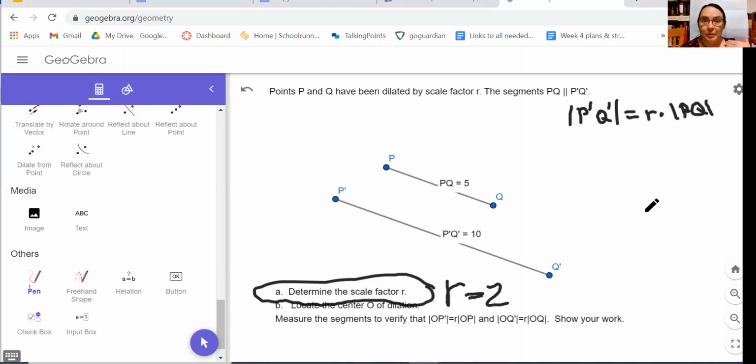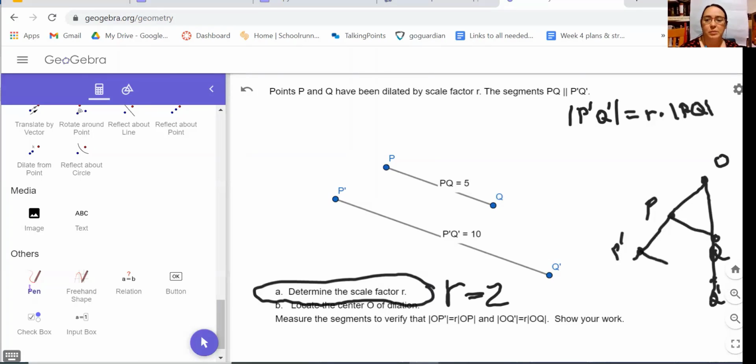Let me tell you how I'm going to think this through. When we looked at the fundamental theorem of similarity, do you remember what the picture looked like? We had a point that was our center. We had our points P and Q, and then we dilated them to get our P prime and Q prime. And because we dilated them, we then drew the line segments between.